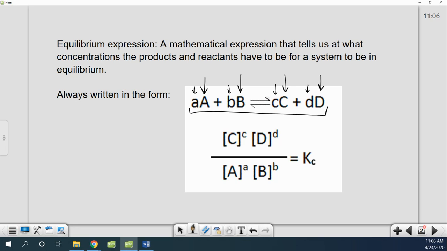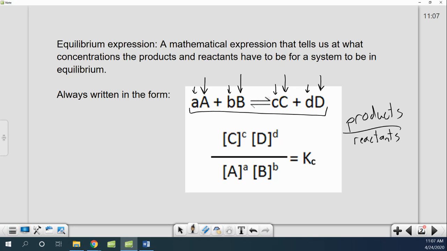So your equilibrium expression, you're going to have the concentration of C to the power c times the concentration of D to the power d divided by the concentration of A to the power a times the concentration of B to the power b. So it is products over reactants. Very important. You always put products on top, reactants on the bottom.